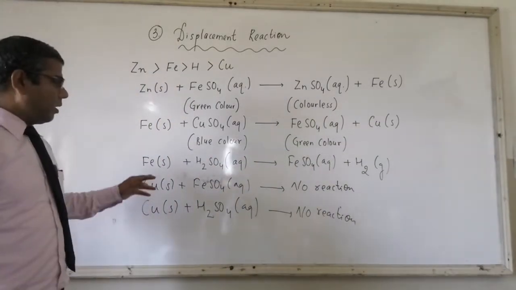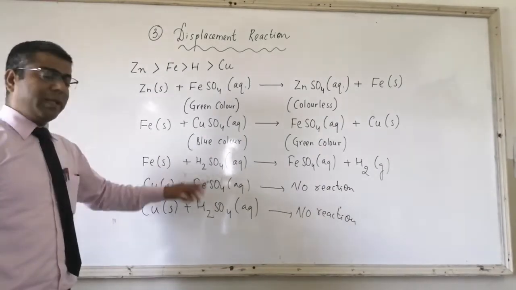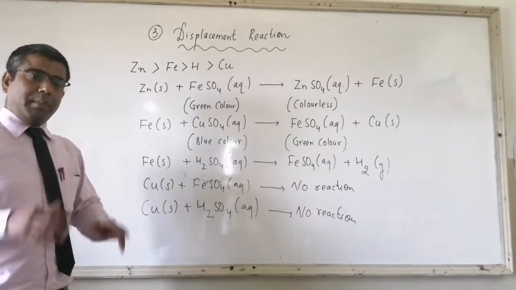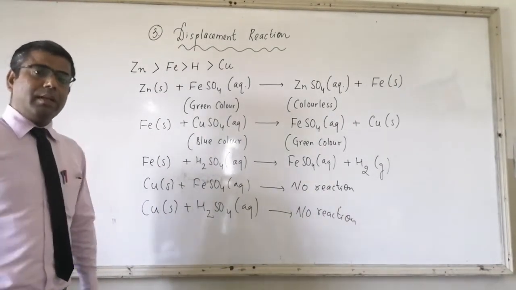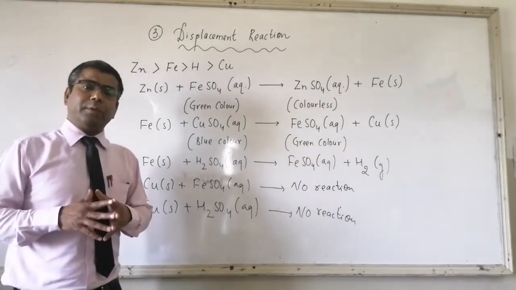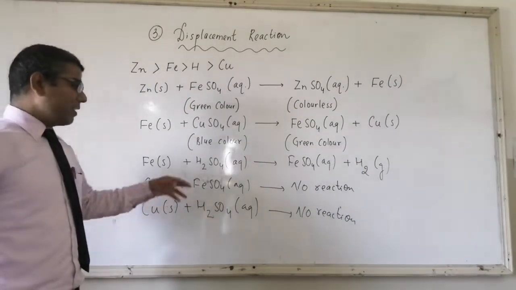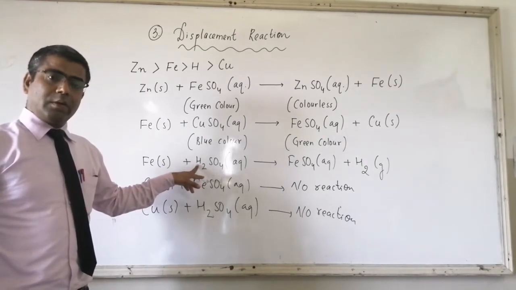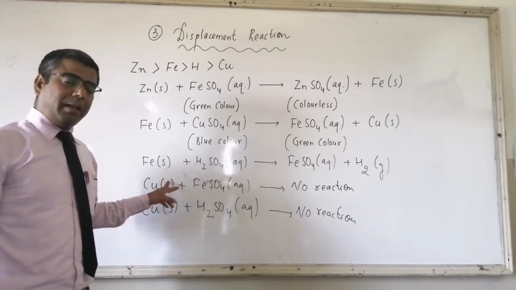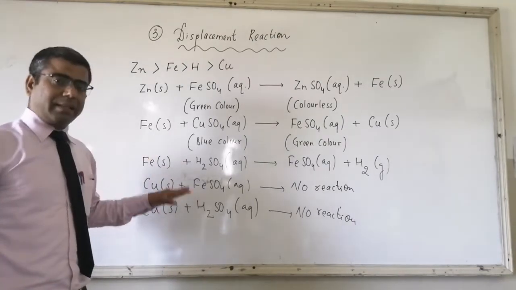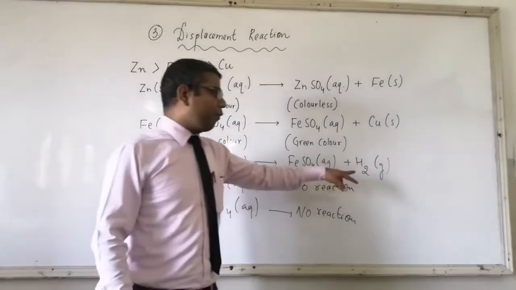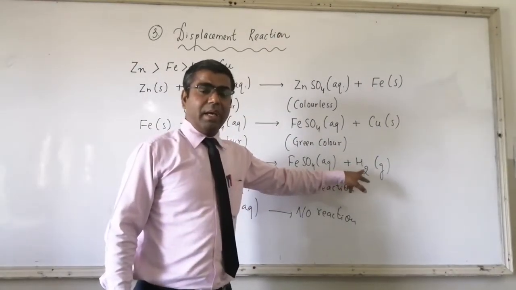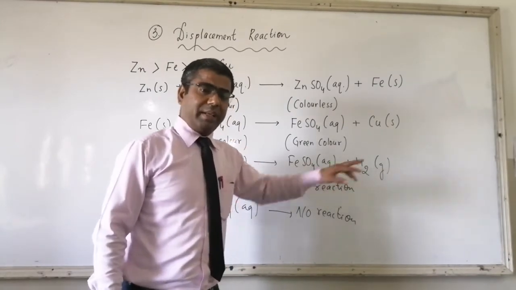Then next one, iron made to react with sulfuric acid. Remember, all the reactive metals, all the highly electropositive metals can displace hydrogen from acidic solution. So whenever a reactive metal is made to react with any acid, then liberation of hydrogen gas is always there. H2 gas is liberated.